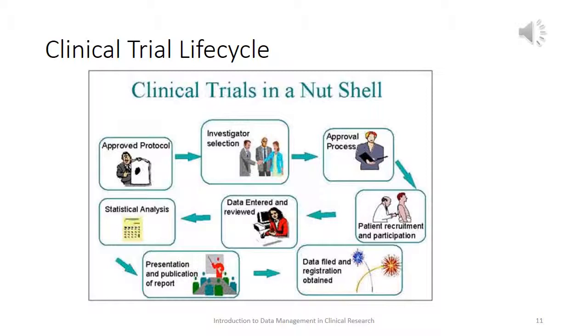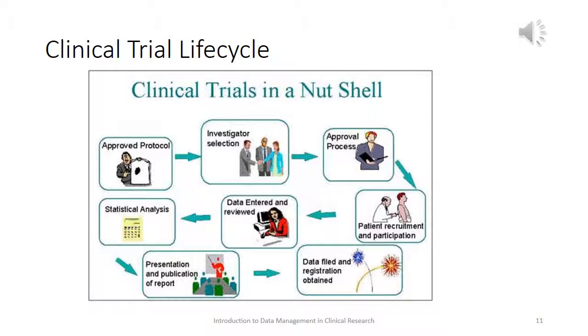This graphic shows us, essentially in a nutshell, the process, the timeline, the sequence of events that occurs in a clinical trial. So if we start out in the upper left corner there, we have an approved protocol. So we've got a protocol document that explains how we're going to conduct our trial.